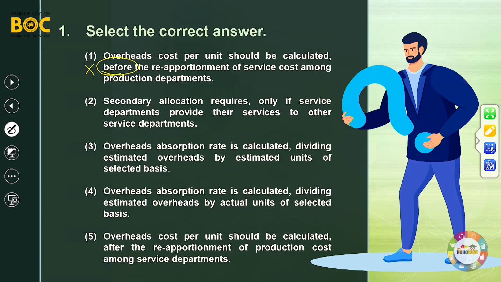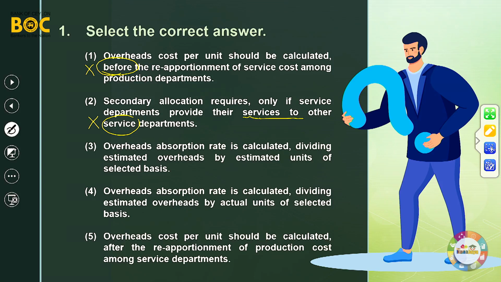Secondary allocation is required only if a service department provides services to another service department. No, a service department provides supporting service to production departments.